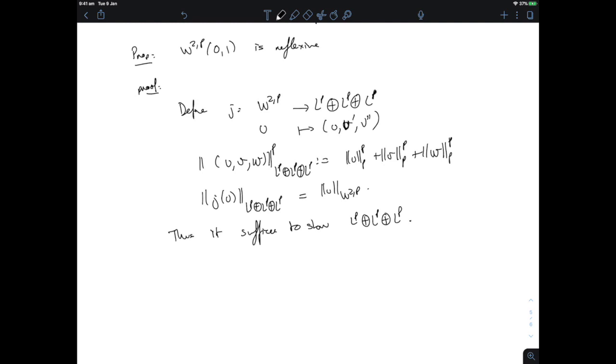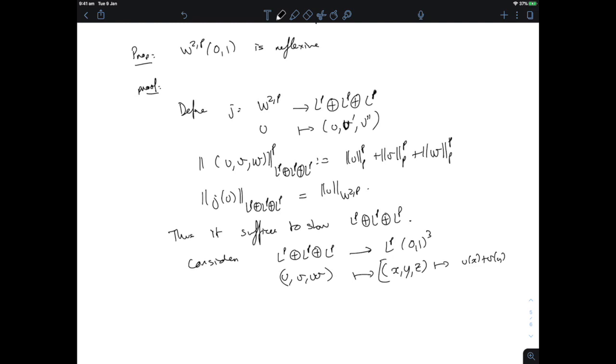Now, why is L^p plus L^p plus L^p reflexive? Well, you can consider the map that goes from L^p plus L^p plus L^p of (0,1) into L^p of (0,1) cubed. And what you do is you take a triple (u,v,w) and you associate to that the map that sends x, y, and z to u of x plus v of y plus w of z.